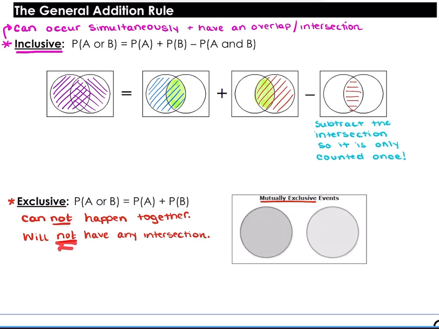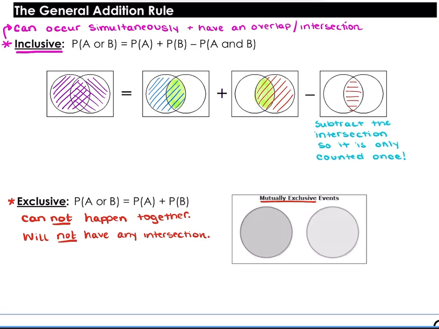They will not have any intersection. It's impossible for them to both be happening at the same time. It's like saying, I am in Italy, but I am also at Petmid High School. That's impossible. I'm one person. I can only be in one spot at one time. So there would be no overlap there. It could never happen at the same time.